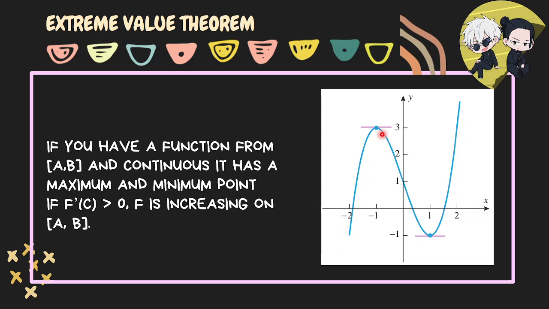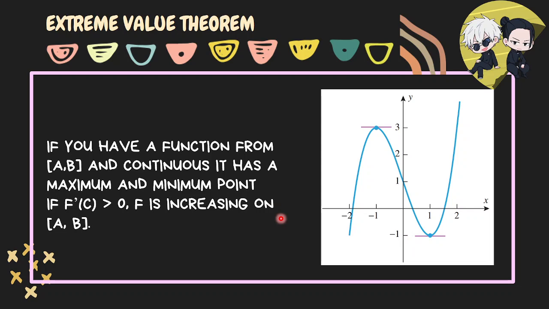So there is no room for discontinuity on which the movement of the function will be altered. So basically, the extreme value theorem tells us that if we have a continuous function, it always has a maximum and minimum point.